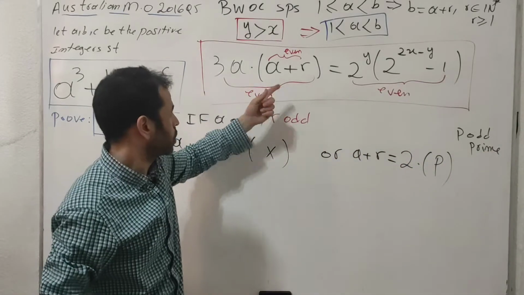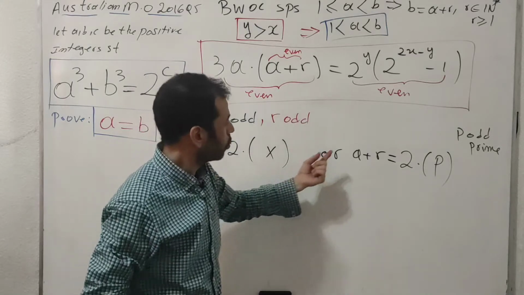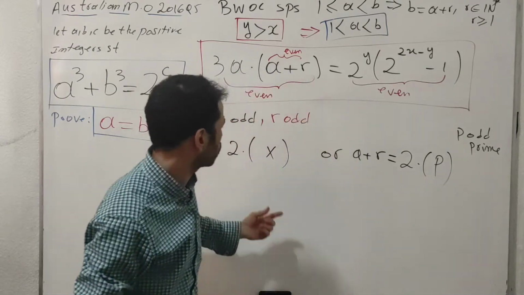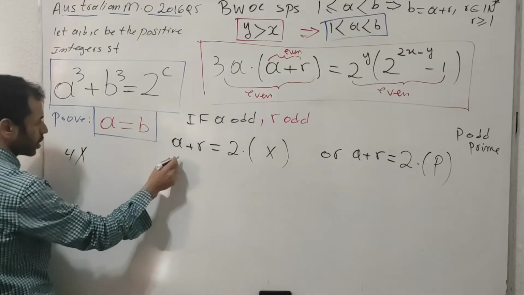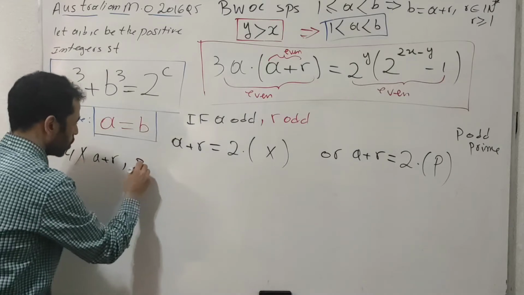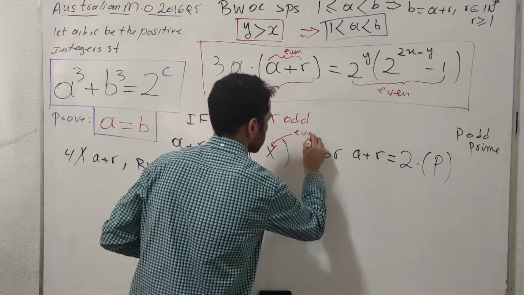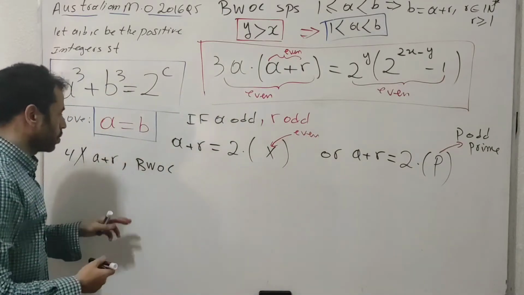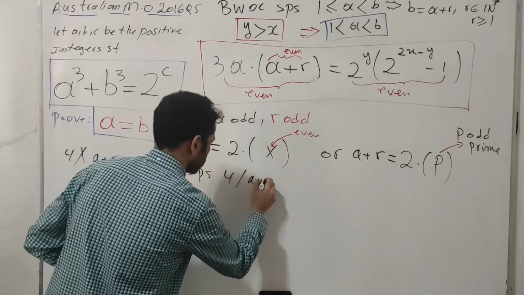We don't yet know whether this even number has an even factor or a prime factor. Now we are going to work on it. First, I'm going to show that 4 does not divide A plus R. By way of contradiction, suppose 4 divides A plus R.